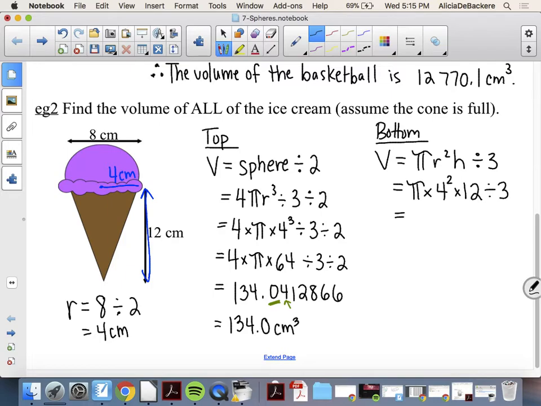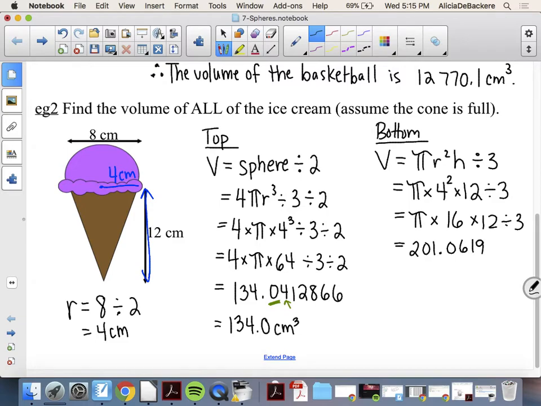Again, I'm thinking about BEDMAS. There's no brackets, but there are exponents. So I'm going to type in that exponent first, and everything else is going to stay the same. So I type the 4 to the power of 2 into my calculator. That's the same as 4 times 4, and I get 16. Now I have all multiplication and division, so I'm going to type the whole thing into my calculator at once, and I get the answer 201.